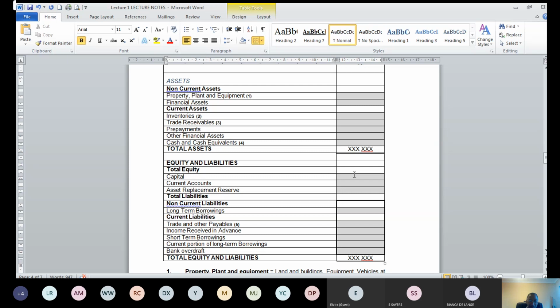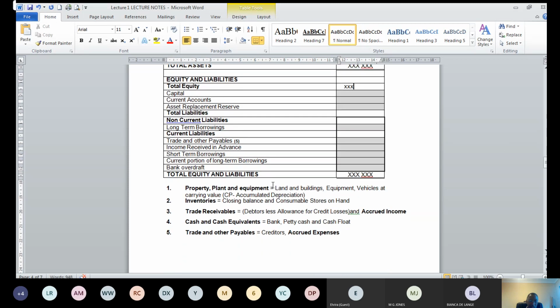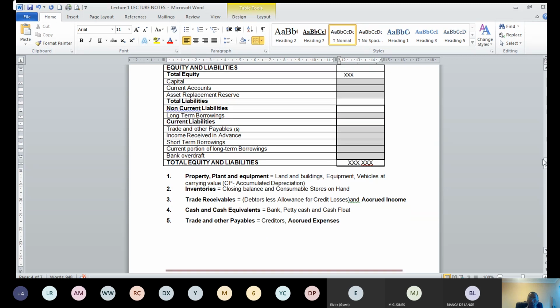Equity will consist of the capital accounts, A plus B's capital accounts, the current accounts, and the asset replacement reserve. Block that, you add it up, and that will give you your total equity. Everything else is the same. You can take a look at the explanations that I've got there at the bottom for you, and that should be enough information to refresh your memory on the statement of financial position.